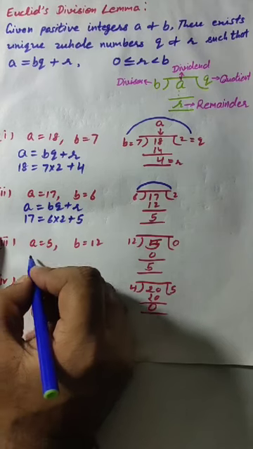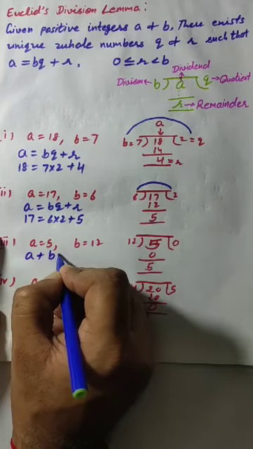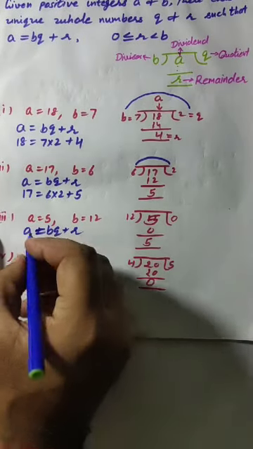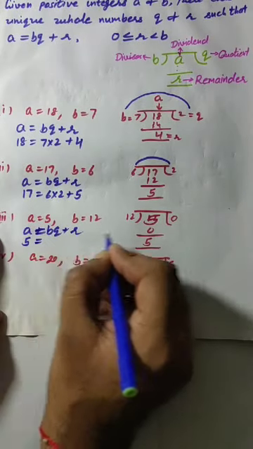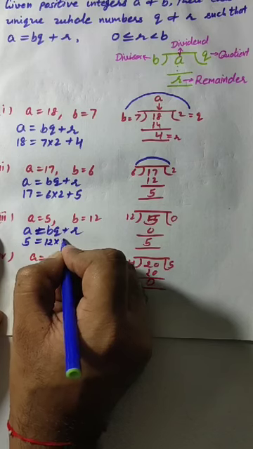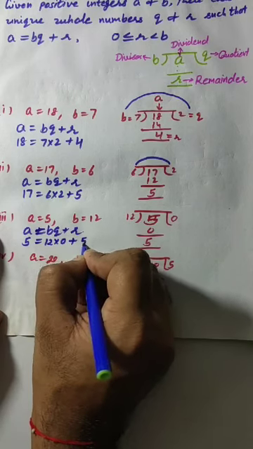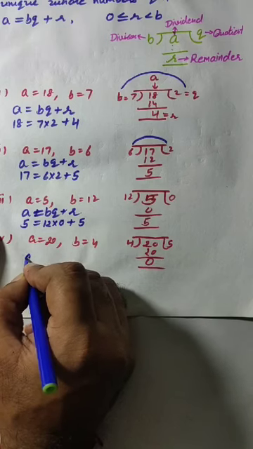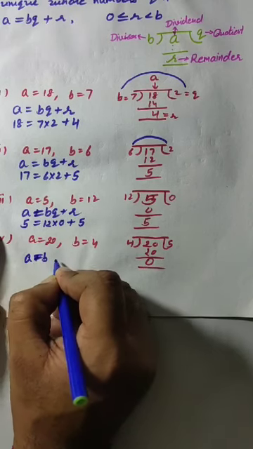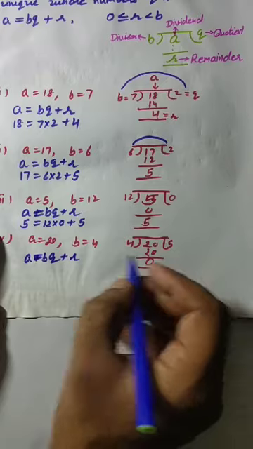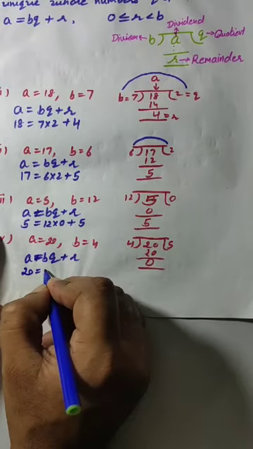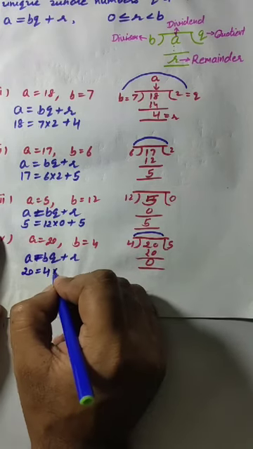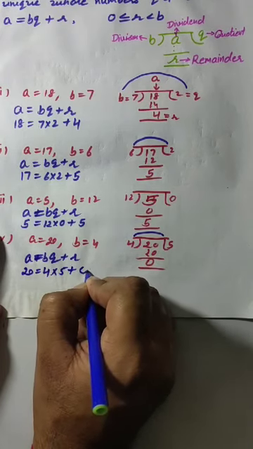In the same way, a equals bq plus r, where a is 5 equals 12 multiplied by 0 plus 5, and a is 20 equals 4 multiplied by 5 plus 0.